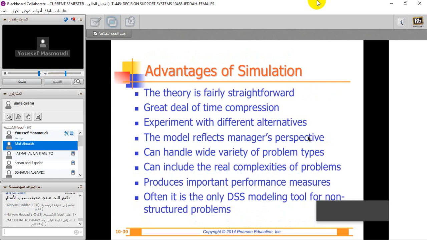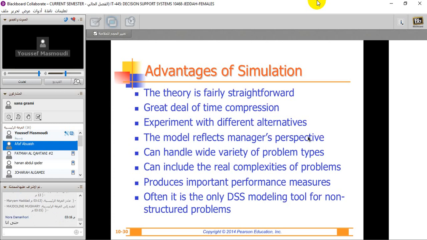Advantages of simulation. The theory is fairly straightforward. Great deal of time compression. Experiment with different alternatives. The model reflects managers' perspective, can handle a wide variety of problem types, can include the real complexities of problems, produces important performance measures, and often it is the only decision support system modeling tool for non-structured problems.